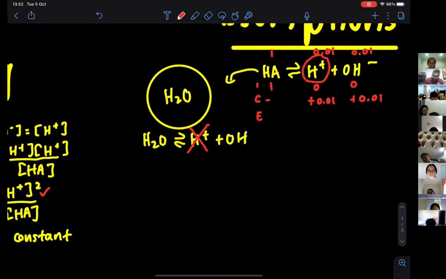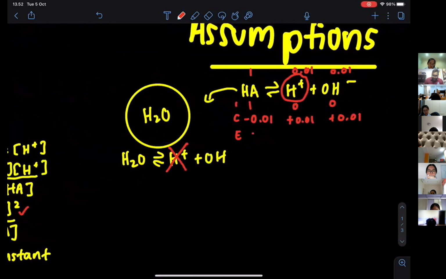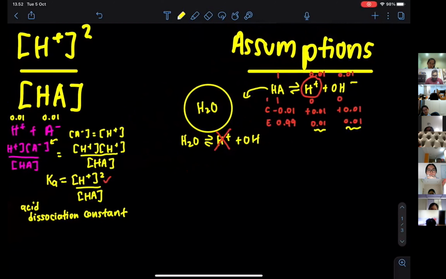So 1 minus 0.01, you will get 0.99, and here you will get 0.01 and 0.01. When we replace in the formula, we use this one and this one, that's why it's to the power of 2, right?